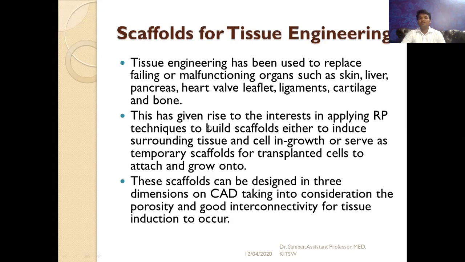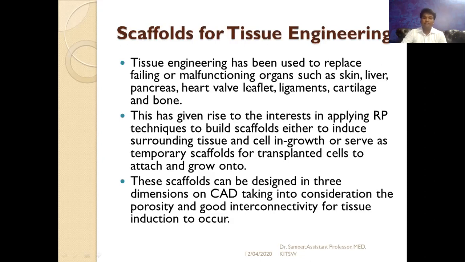So this has given rise to the interest in applying RP techniques to build scaffolds, either to induce surrounding tissue and cell ingrowth, or serve as temporary scaffolds for transplanted cells to attach and grow into. If a patient has developed any malfunctioning of these organs, then RP techniques can be applied to build a scaffold surrounding the tissue which was malfunctioning, or they could make a temporary scaffold for transplanted cells to attach and grow onto.